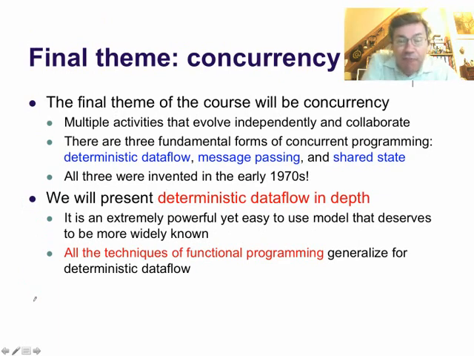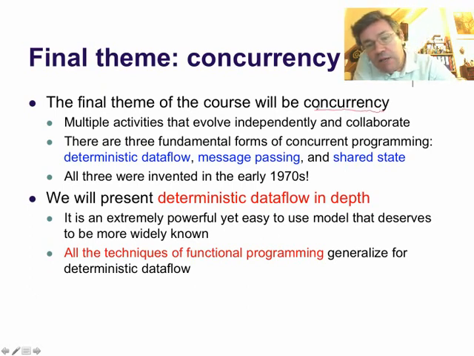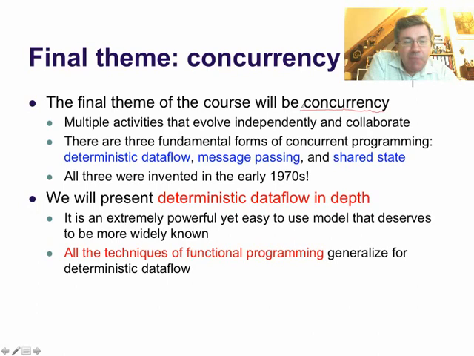Now, let me introduce the final theme of the course, which is going to start in the next lesson. The final theme of the course will be concurrency. Concurrent entities are multiple activities that evolve independently and that may or may not talk to each other, collaborate to achieve a common goal.